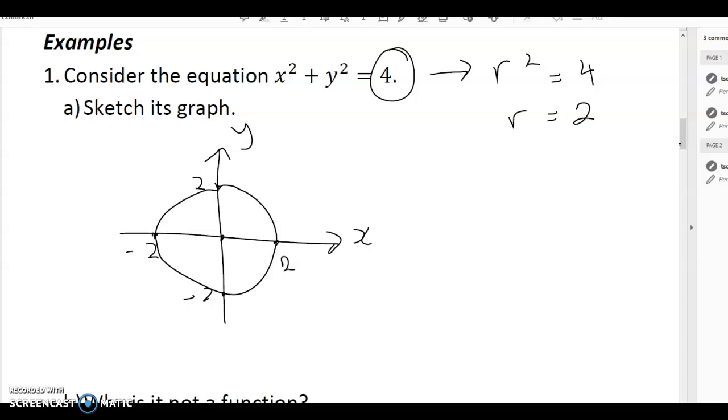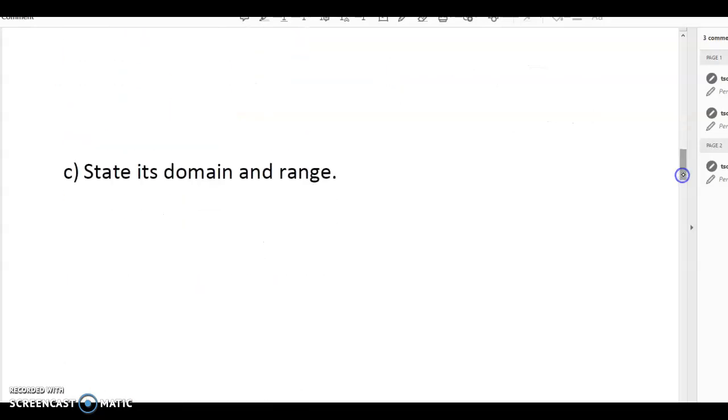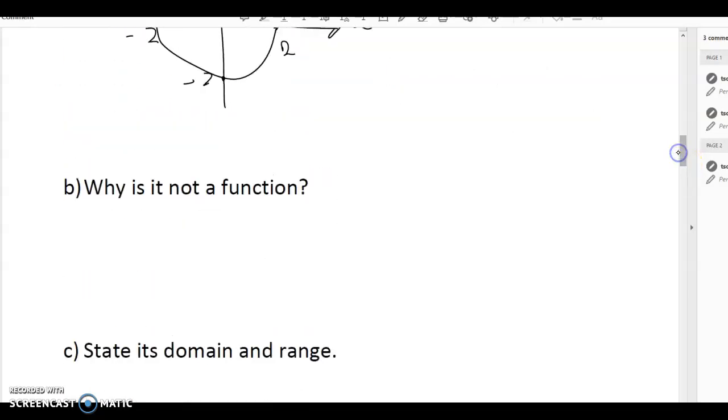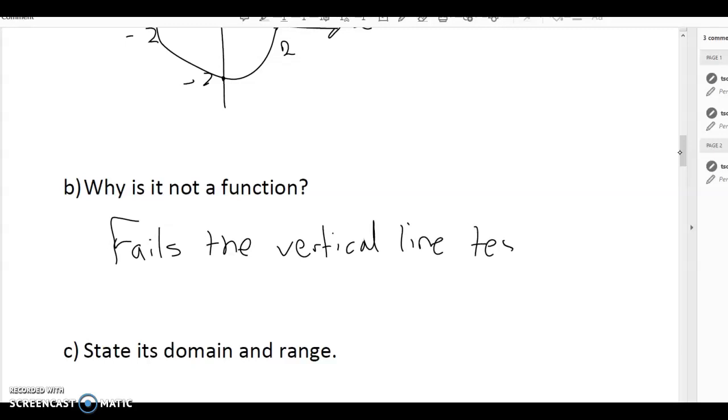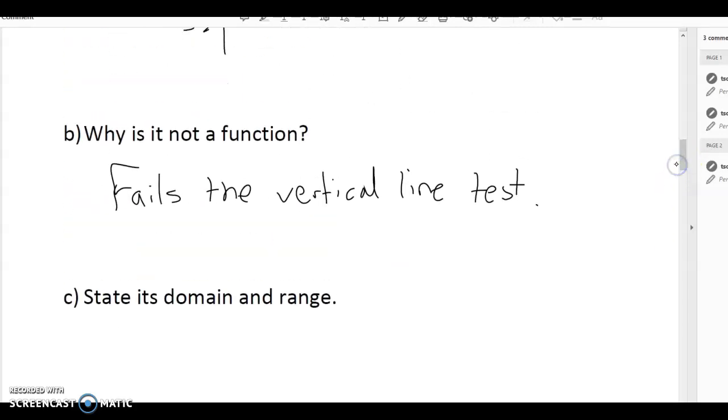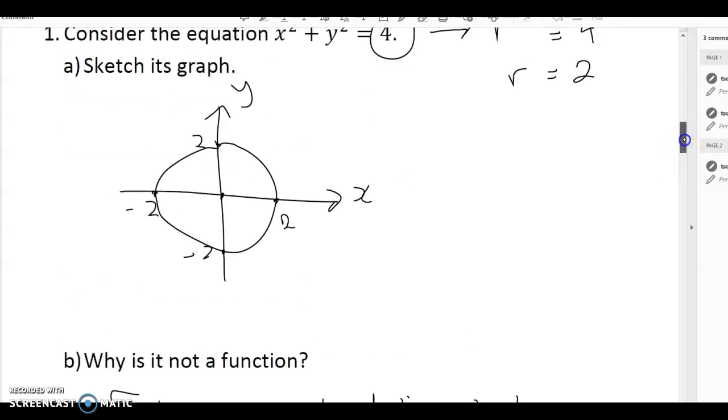So why is this guy not a function? Well, it fails the vertical line test. All right, so domain and range of this function. Graphically is quite helpful to see the domain and range.